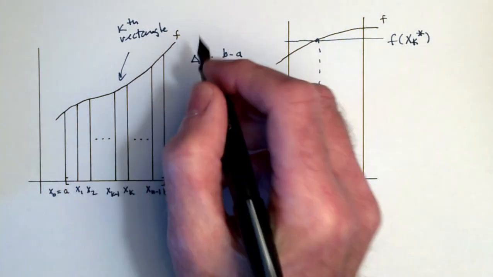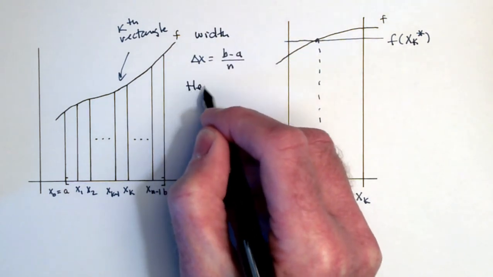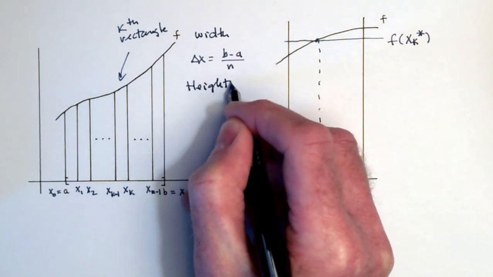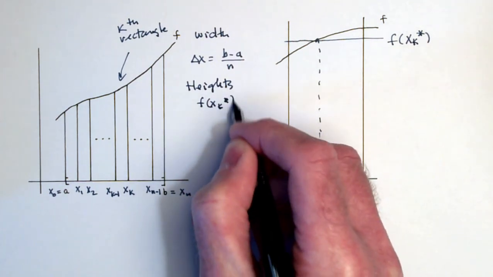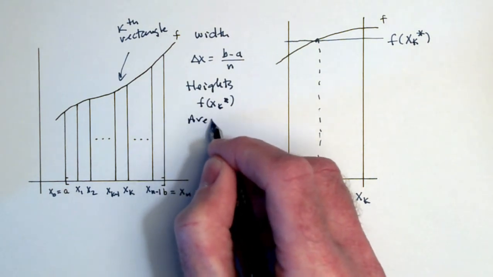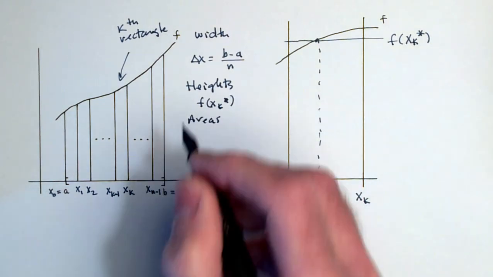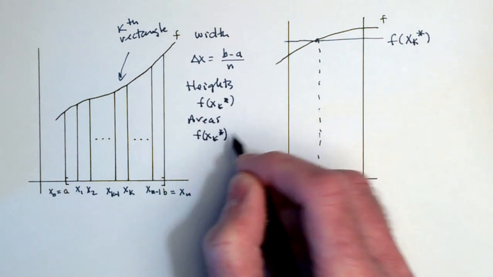So these were the widths. The heights then of all of these rectangles are f of x sub k star for the kth rectangle. Their areas are their heights times their widths. So f of x sub k star delta x.